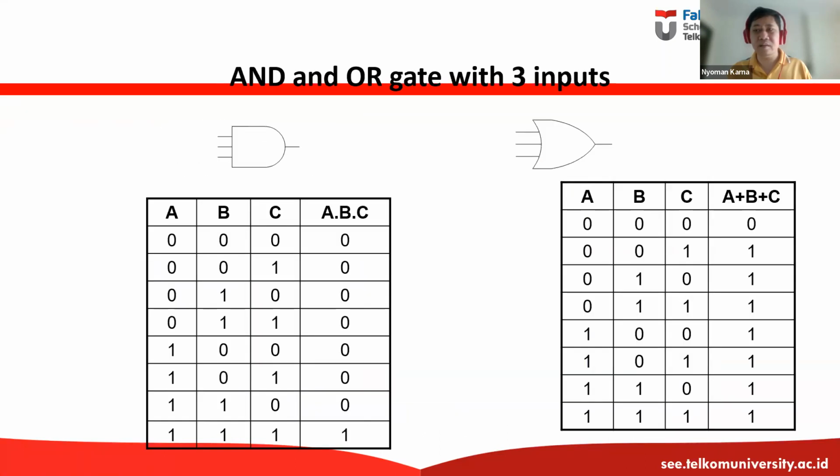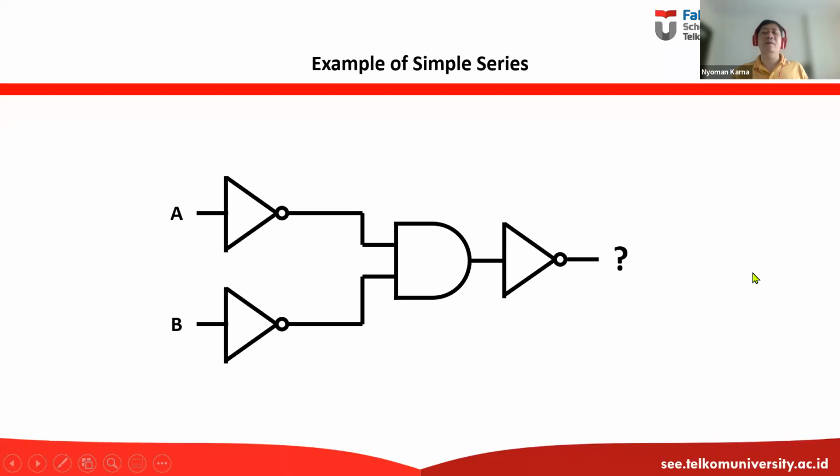Now, this is a circuit comprised of 2 inverters as the input, and then an AND gate as the middle component, and then the last one is the inverter. Now, the input is A in here, so the output will become A not, because it will be inverted, because this one is an inverter. This is B, so the output will become B not.